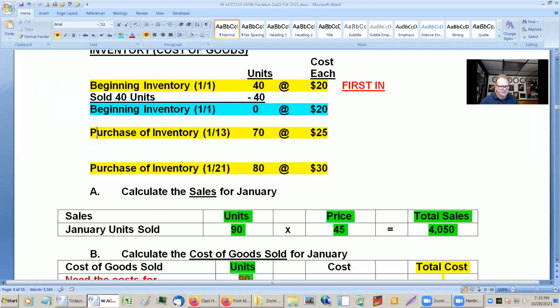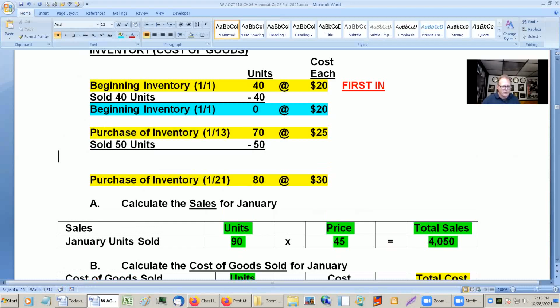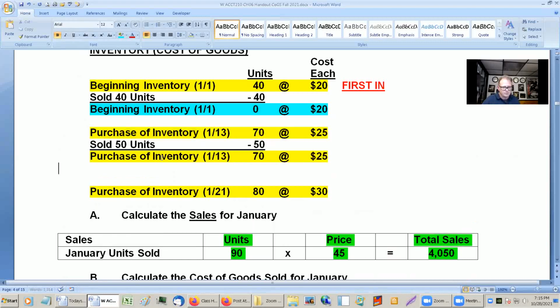Wait, I can't do it that way. Down here we sold 50 units. So from this layer, we still have 20. Yep.